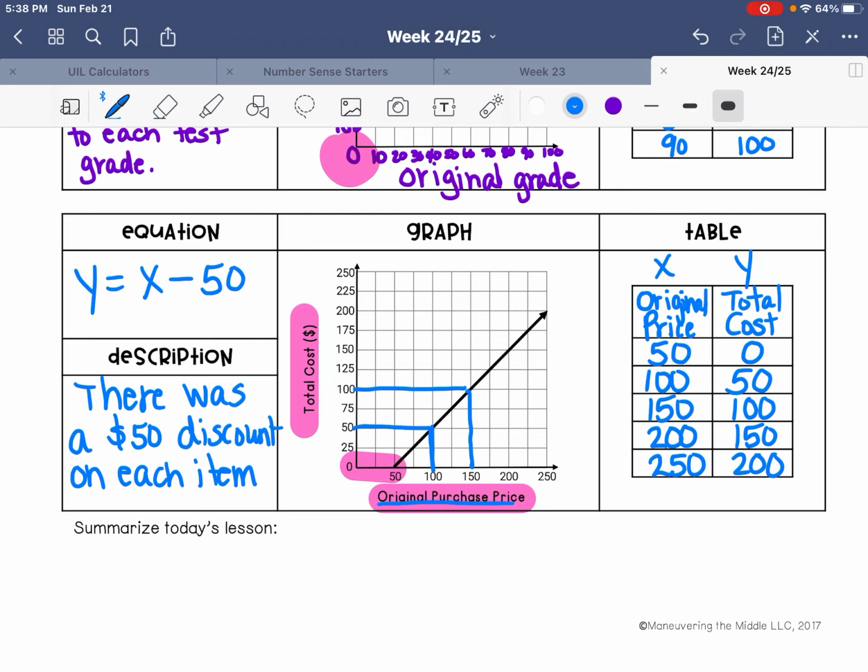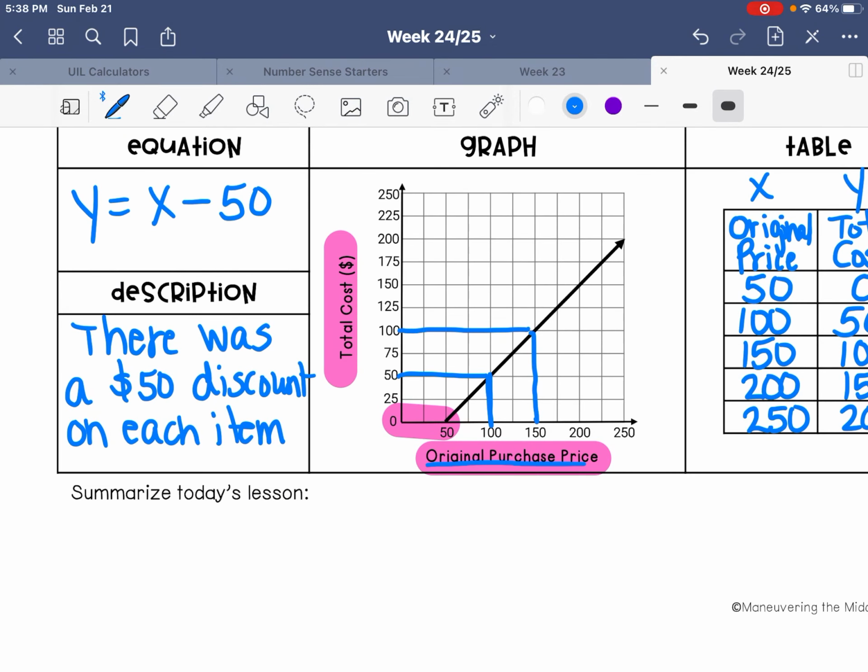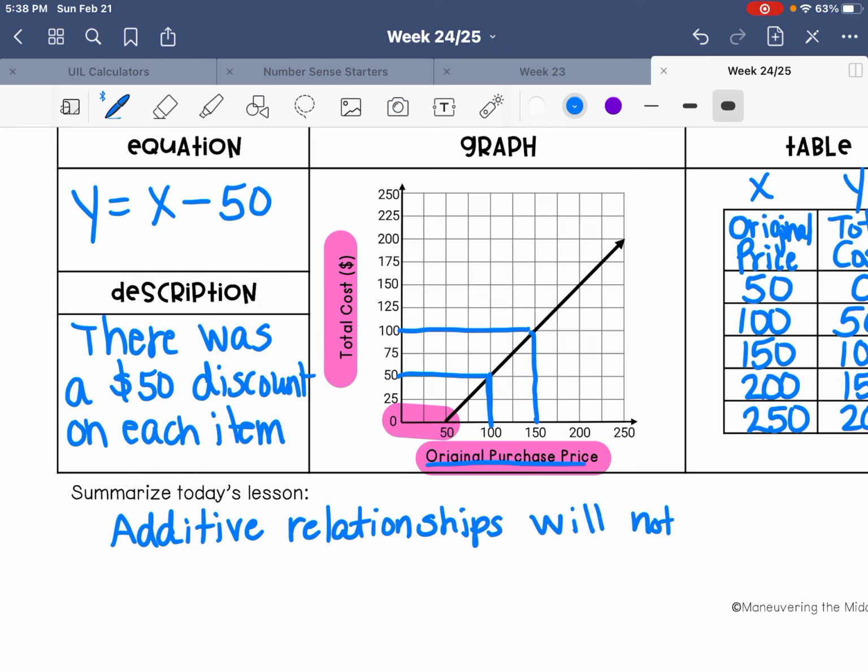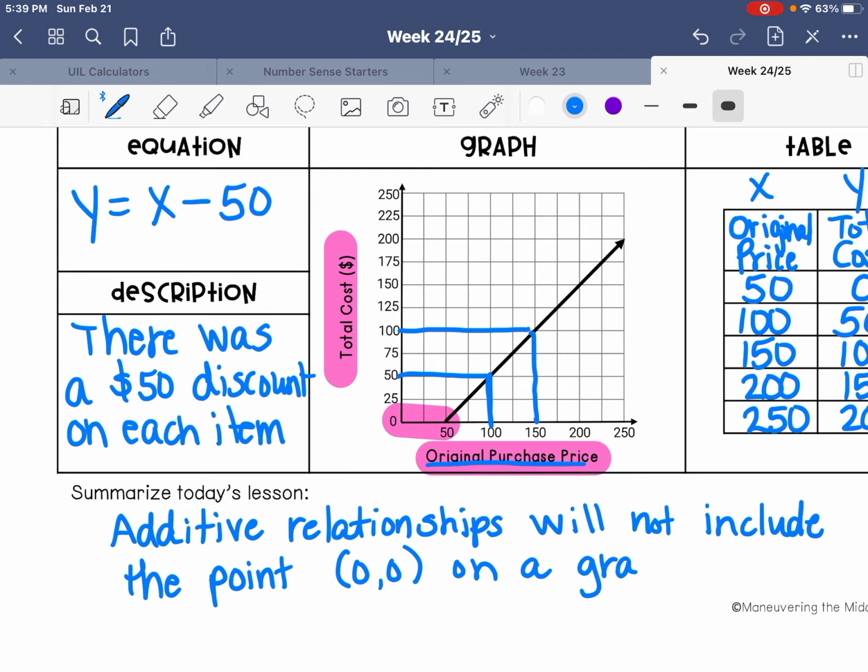All right? So I want to put one thing down here at the bottom of our summary, and it is additive relationships will not include the point 0, 0 on a graph.